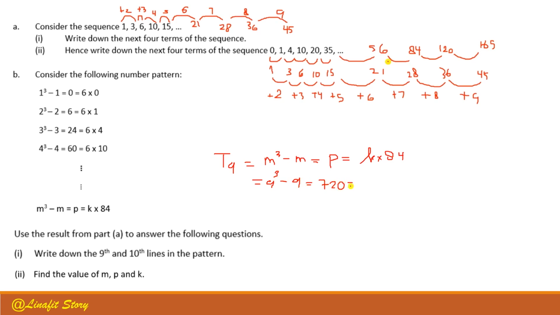How to get 720? 6 times 84 is equal to 720. To get the 10th term, 10 cubed minus 10 is equal to 990, which is 6 times 84.